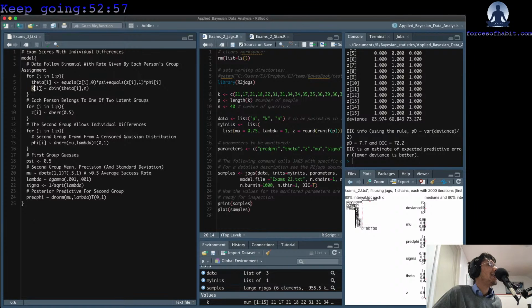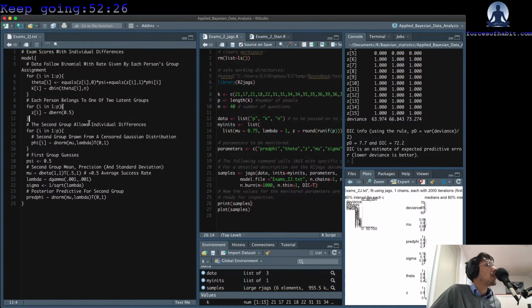And then k is the success rates, the scores, which is binomial distributed with theta for a given person and the total number of folks. Each person belongs to 2 latent groups, so z for a given person is random, which we're starting out with a Bernoulli distribution, 0.5. We don't know where you're starting.